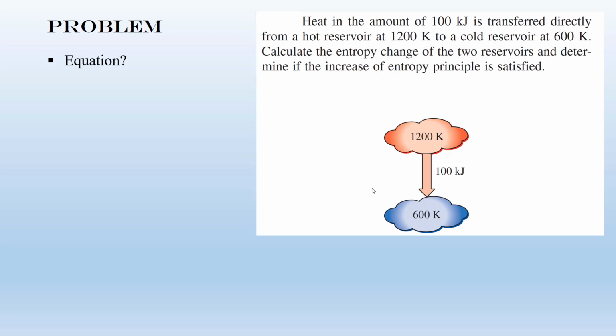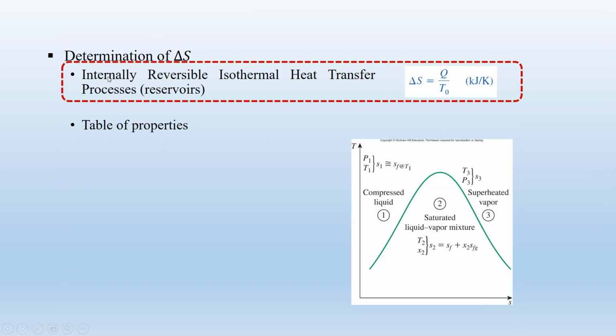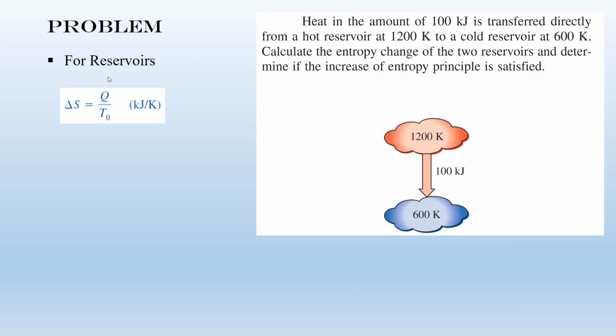But you are dealing with two reservoirs, so you can use the first method for the reservoirs. The first method is the best one to calculate the total delta S for these systems. Keep in mind that this is the best available equation to find delta S.